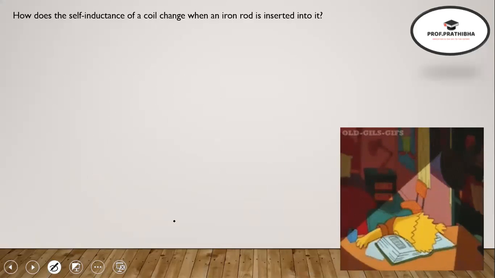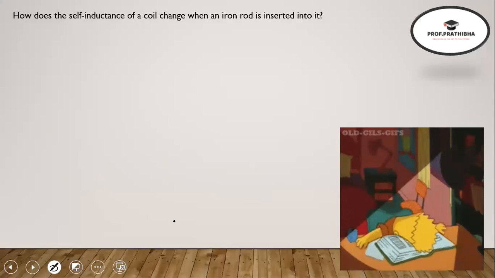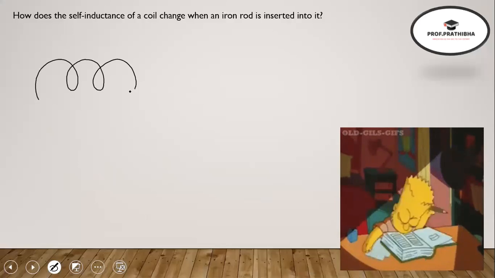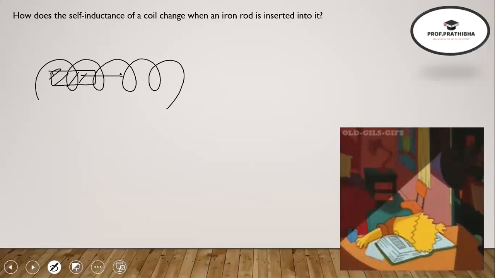Next. How does the self-inductance of a coil change when an iron rod is introduced in it? What happens to the self-inductance of a coil when an iron rod is inserted into it?